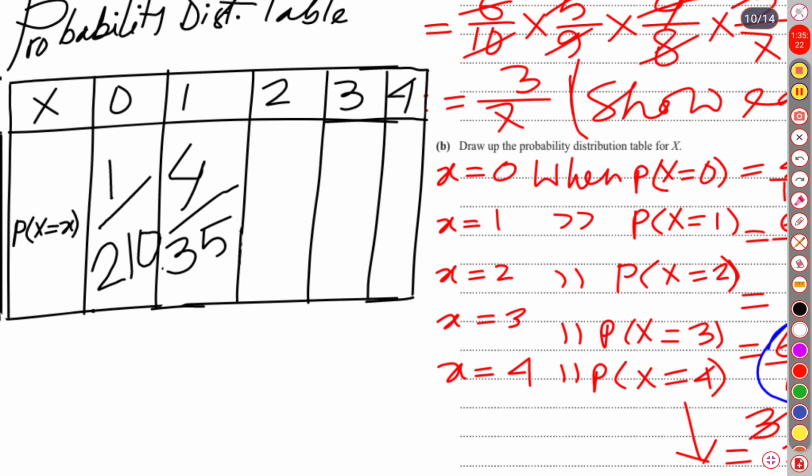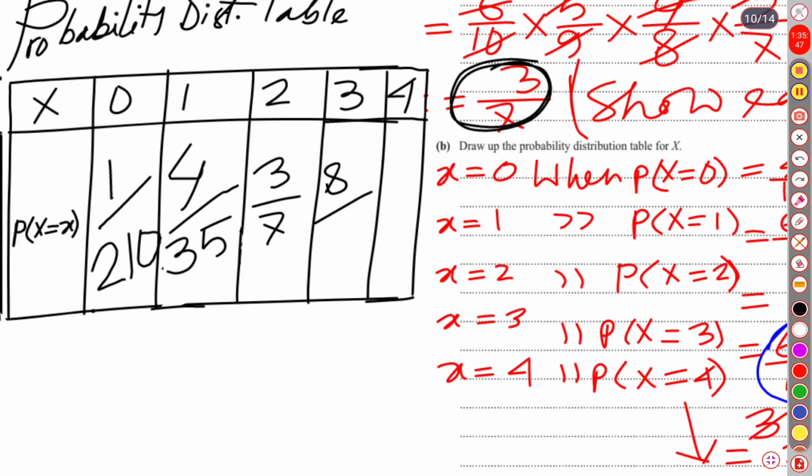What was the probability when it was 2? 1 over 210. Second one is 4 over 35. Third one is 3 over 7. 3 over 7 we can copy from here. Look at this. When there are two blue marbles, the probability is 3 over 7. Then if there are three blue marbles, the probability was 8 over 21.